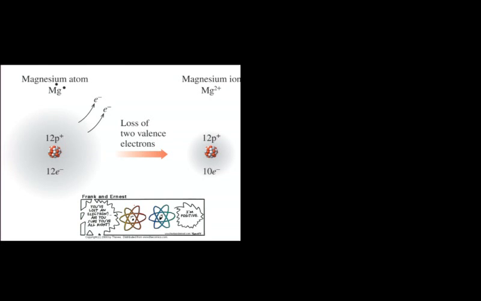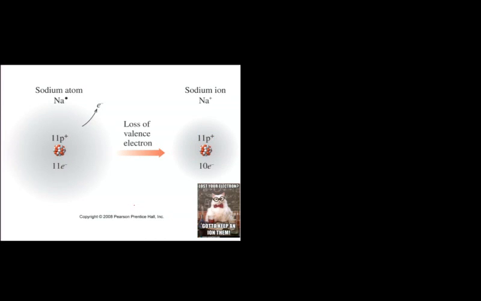Okay, well let's take a look at a different one. Let's take a look at sodium. Okay, what's the nearest noble gas to sodium? Neon, right. So sodium's going to have to do what? Lose 1. What's the charge of sodium? +1. What about potassium underneath that?